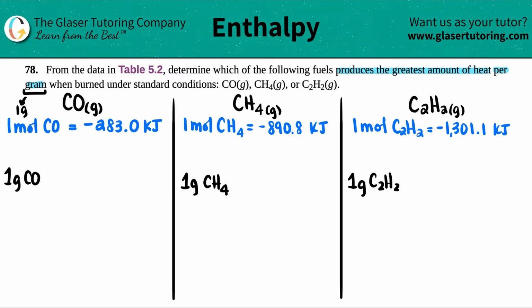Okay, so I went to Table 5.2, and I basically got the information that we needed. So it's just the kilojoule amounts. In that Table 5.2, it tells us that for every 1 mole of carbon monoxide, I will release 283.0 kilojoules.